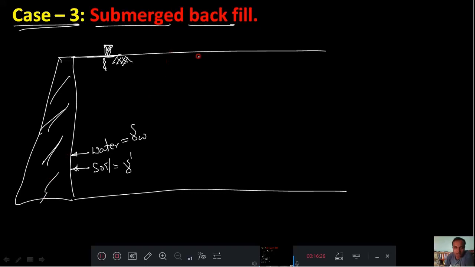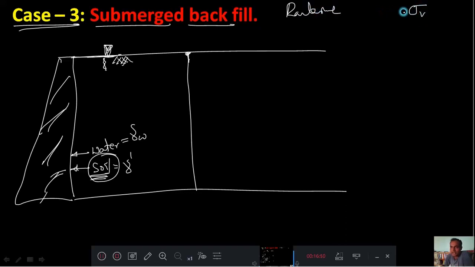But something very interesting happens with the pressure acting on the wall. Look here. Here there is a wall, and on that wall there will be a pressure due to soil. According to Rankine, if there is a vertical stress at any point, then I can calculate sigma h by multiplying K with the vertical stress, and I will get the horizontal stress.